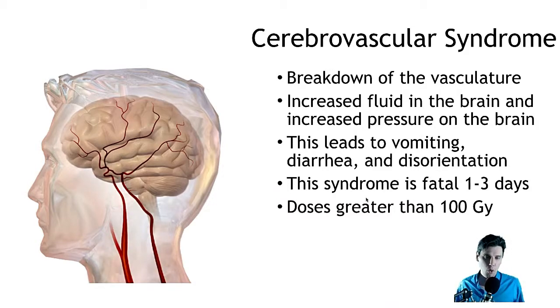So if you only irradiated the brainstem, even at these doses, you would not have the same effect. It has to do with the full body irradiation and the effect on the cerebrovascular system.